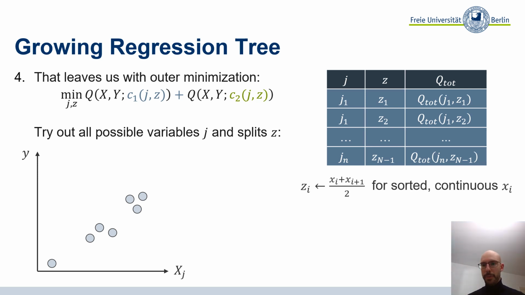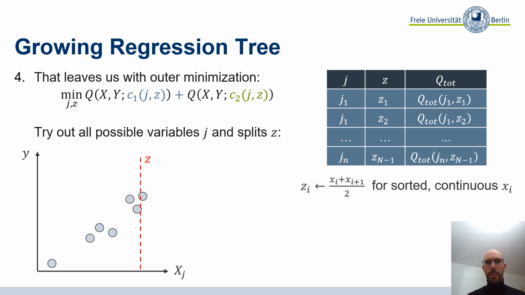I know this sounds horrifying, but it's actually not as bad as you think. Let us assume that we have n data points, and let us look at a specific variable xj. We can sort our data points along this axis xj, and then we can just look at splits for any two subsequent points along that axis.